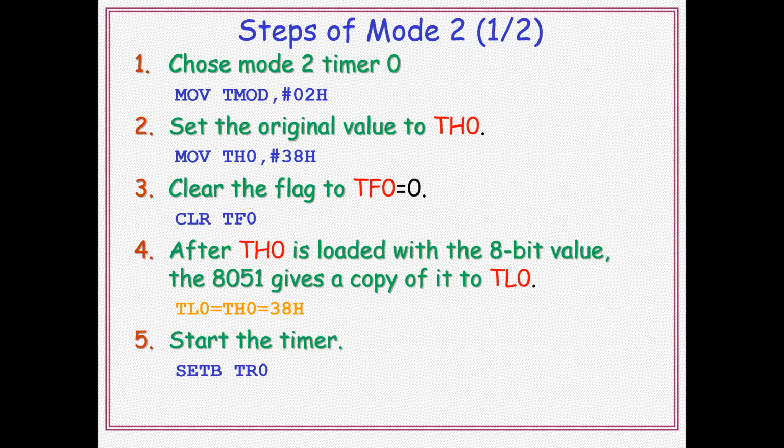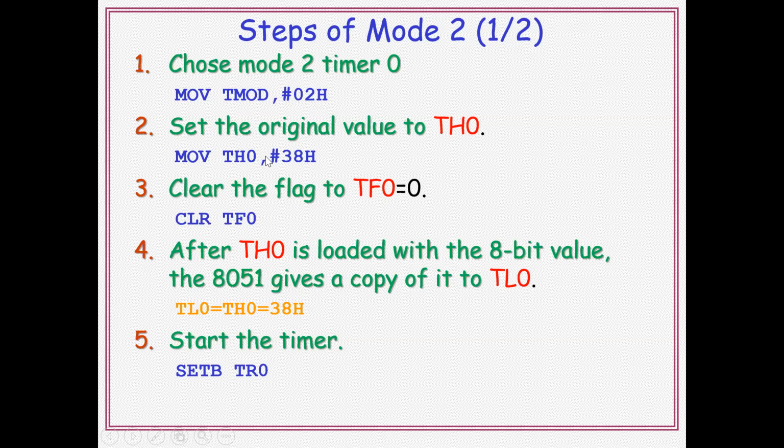Mode 2 is 10: 00 is mode 0, 01 is mode 1, 10 is mode 2, and 11 is mode 3. So the final value is 02H. Here 02H indicates that timer 0 is selected in mode 2.